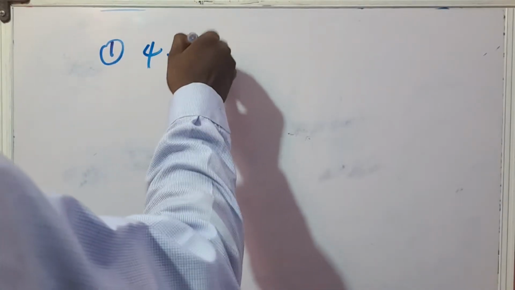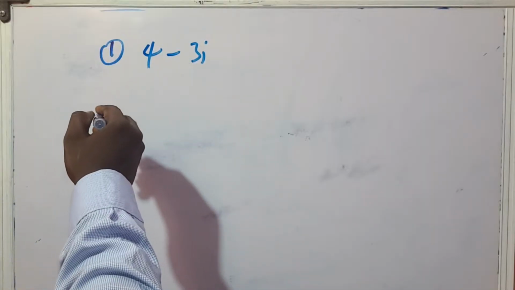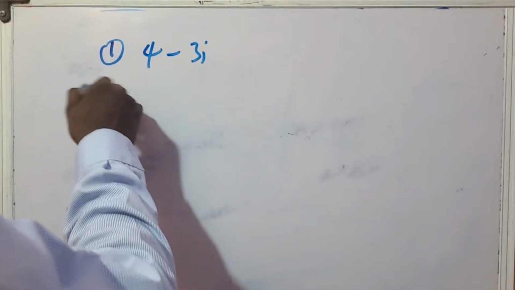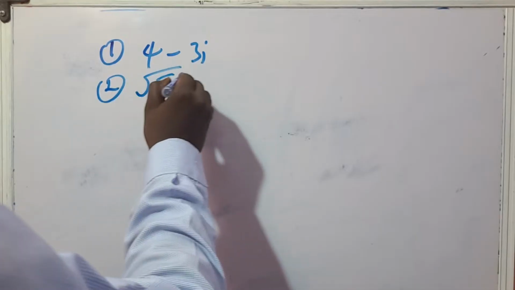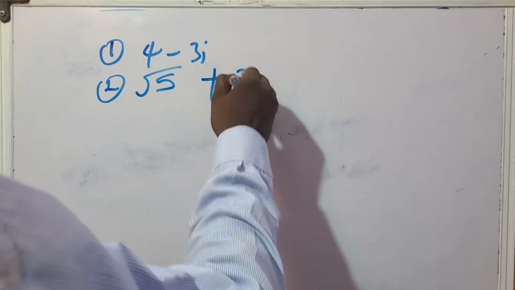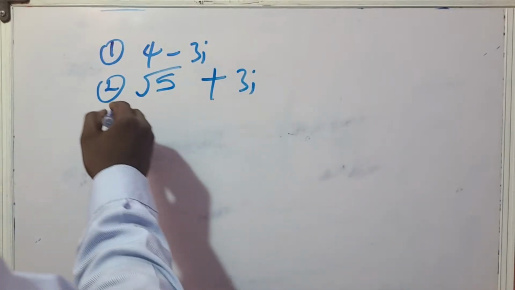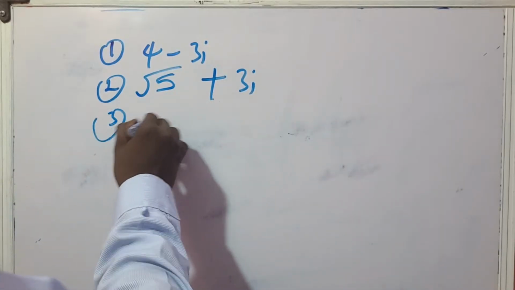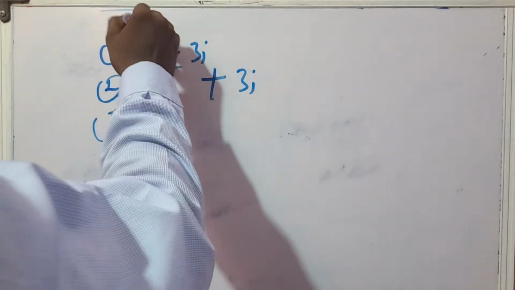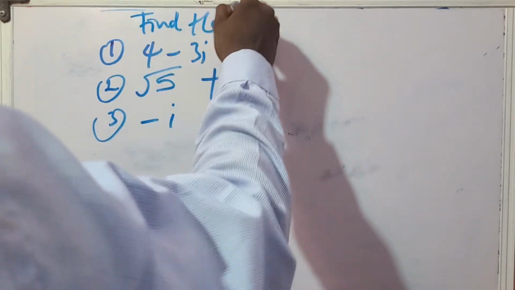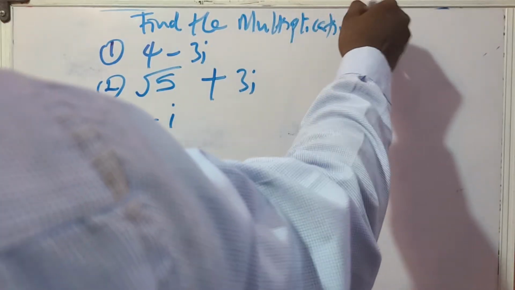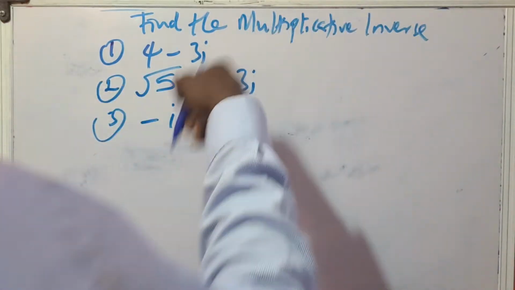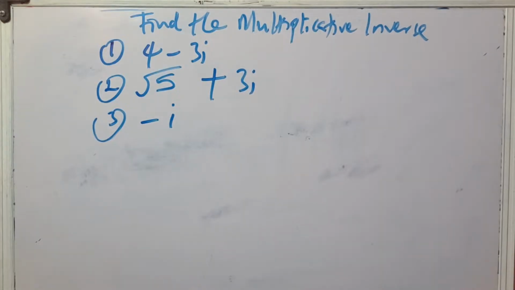We have 4 minus 3i, we have square root of 5 plus 3i, and then we have minus i. I want you to find the multiplicative inverse of these 3.